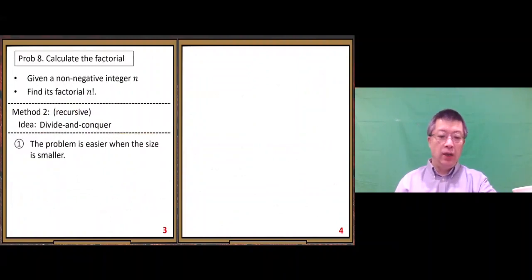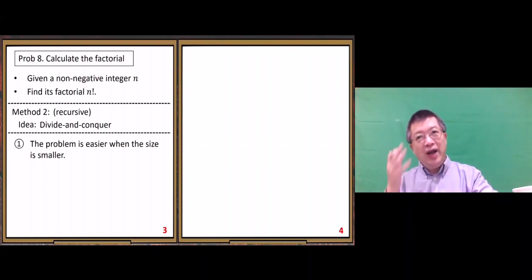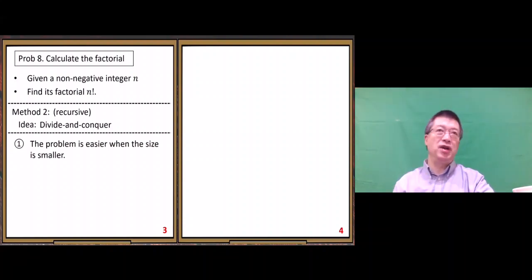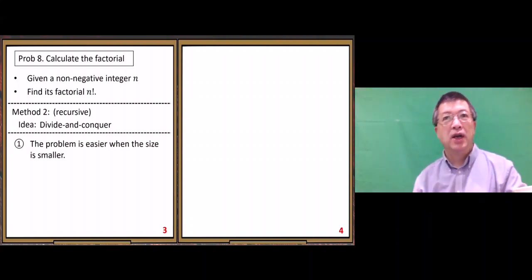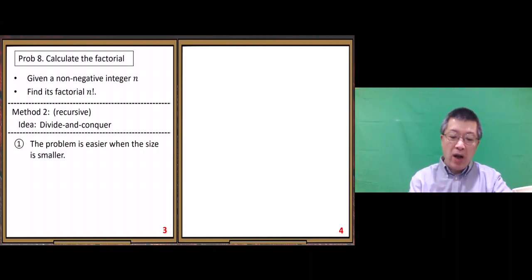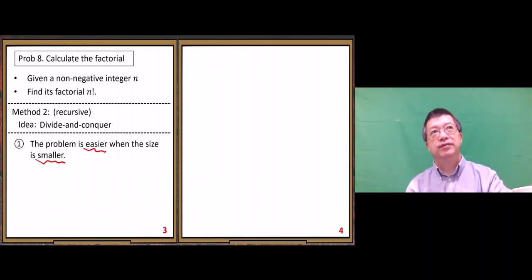Next, why does divide and conquer help us solve some relatively hard problems? This one is not hard, but we're talking about the general case, because we notice that when the problem size is smaller, it is easier to solve. That's our experience, our observation.